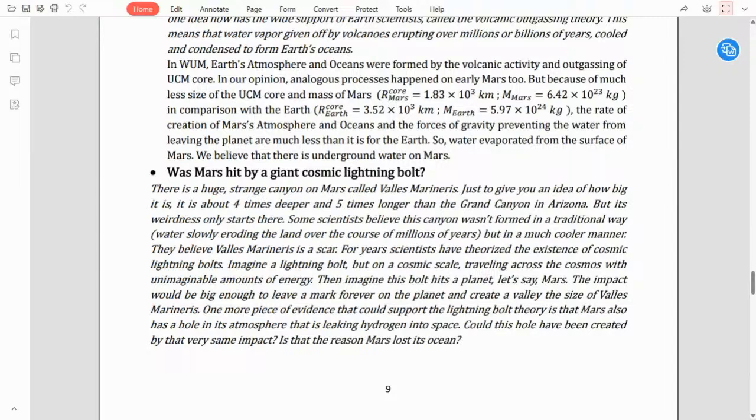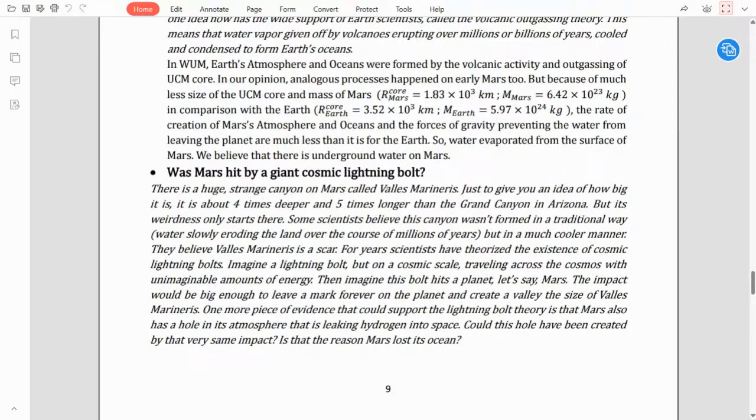Some scientists believe this canyon was not formed in a traditional way, with water slowly eroding the land over the course of millions of years, but in a much cooler manner. They believe Valles Marineris is a scar. For years, scientists have theorized the existence of cosmic lightning bolts.